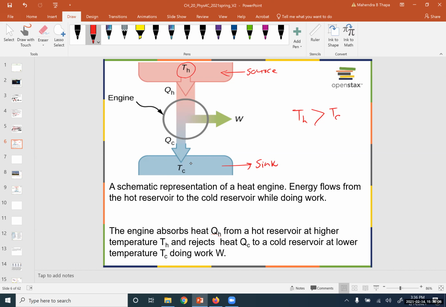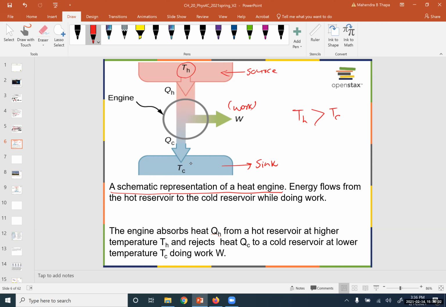The engine takes heat Q1 from the source and does external work W. Then it rejects heat to the sink at temperature TC. This is the schematic representation of any heat engine.